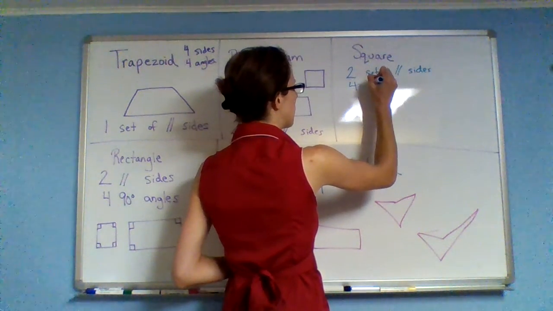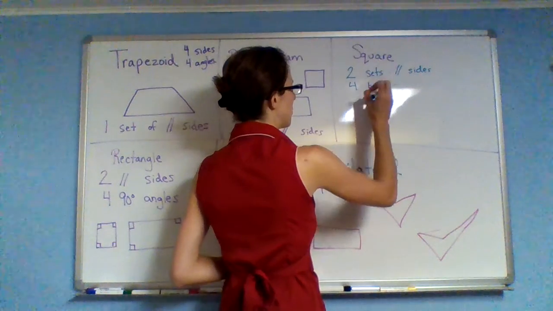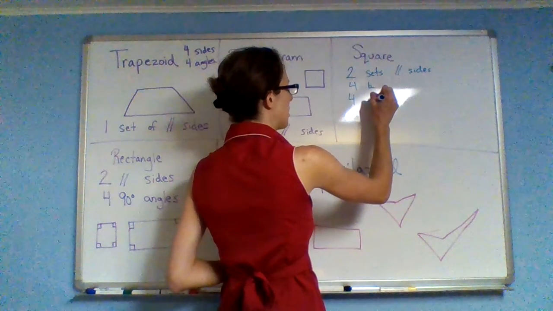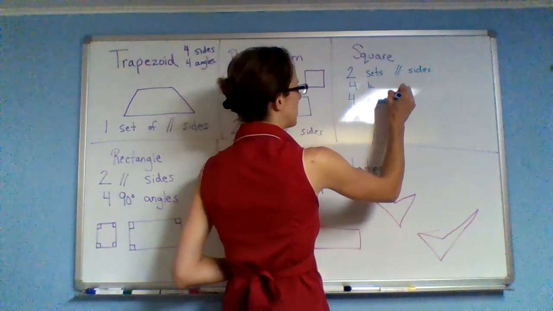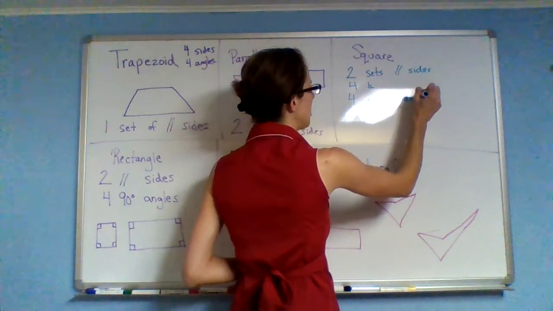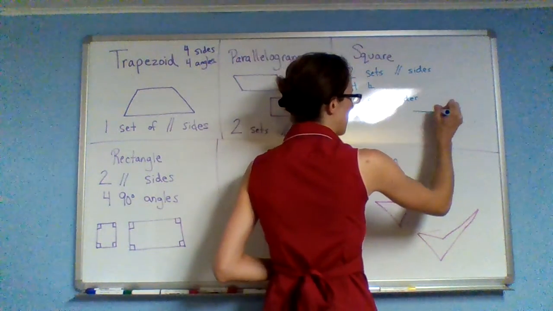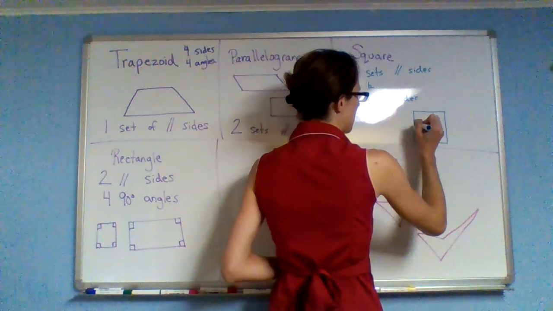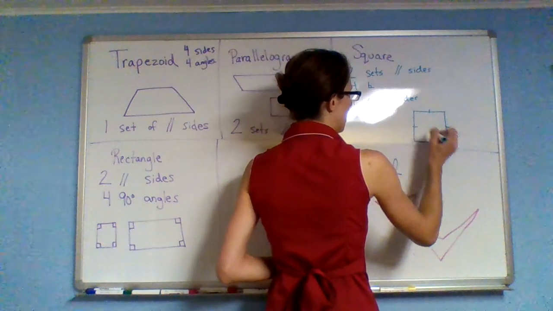It needs four right angles. It also needs four equal sides. So the length of the sides in a square have to all be the same length.